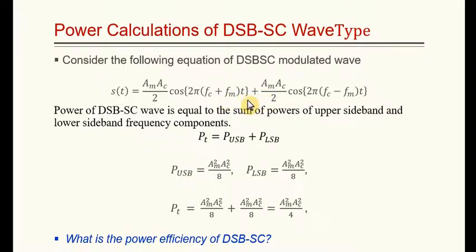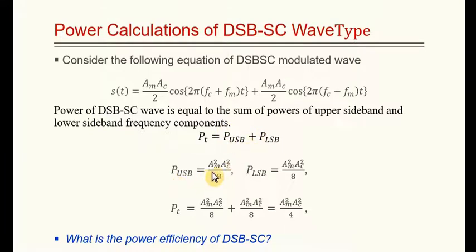But now we don't have a pure carrier component. We have only the double sideband, the upper sideband and the lower sideband. So the total power is equal to the upper sideband plus the lower sideband, and we know how to calculate them.